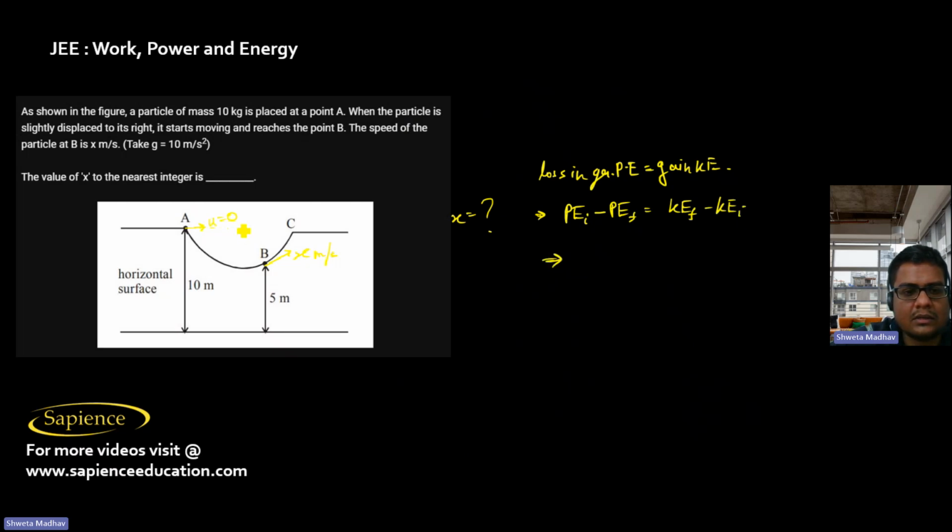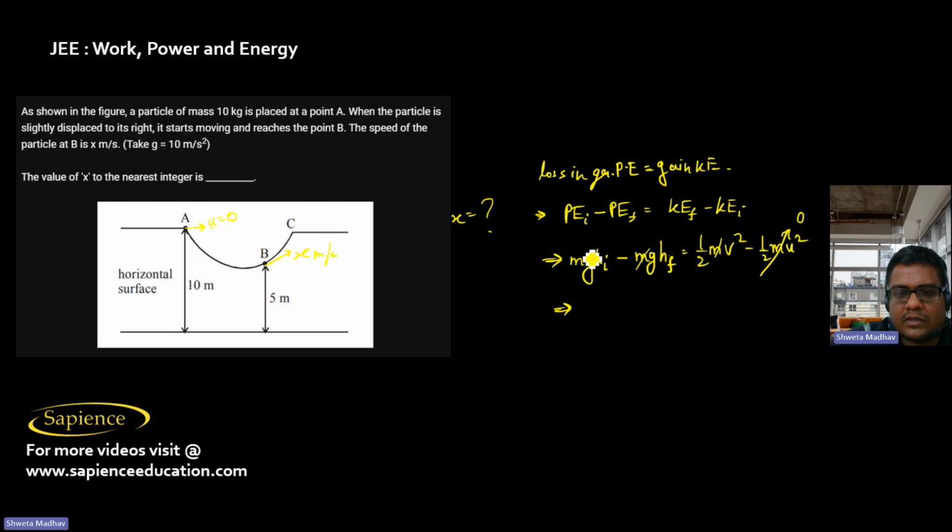So initial potential energy was mgh, where h was 10. It's mg into initial height minus mg into final height, that is equal to final kinetic energy, which is half mv square minus half mu square. But u is 0, so this will be 0 only.